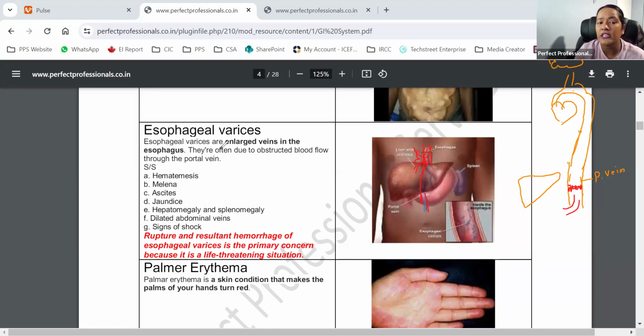That's why the esophageal varices are enlarged in the esophagus. They are often due to the obstructed blood flow through the portal vein.